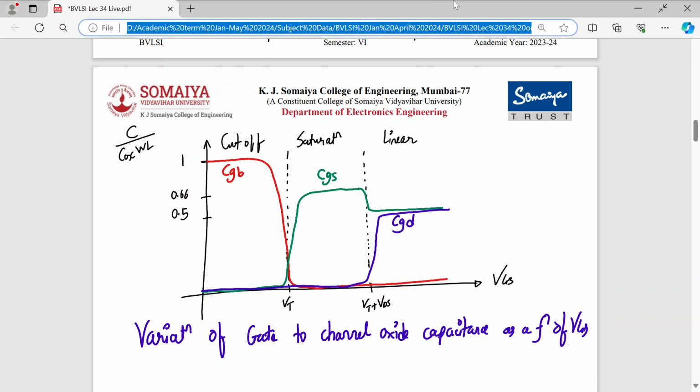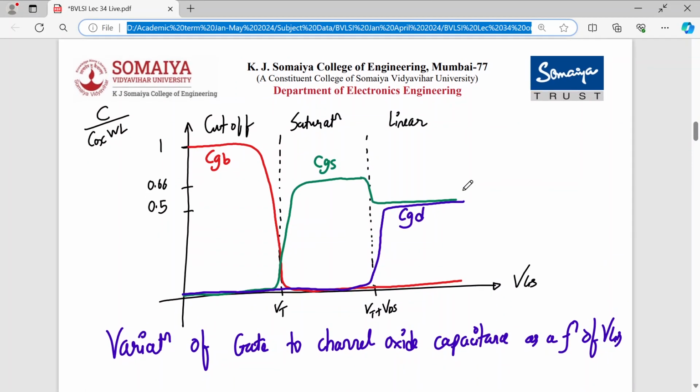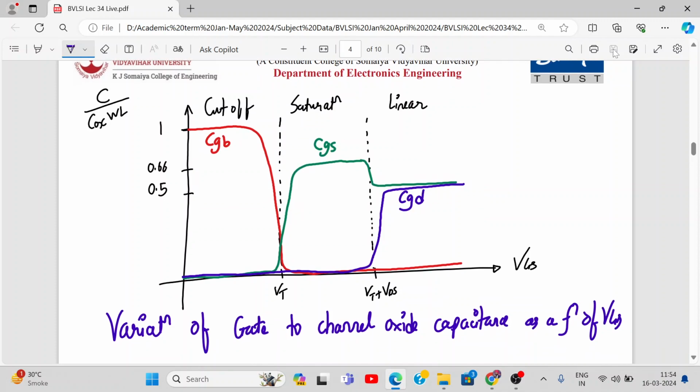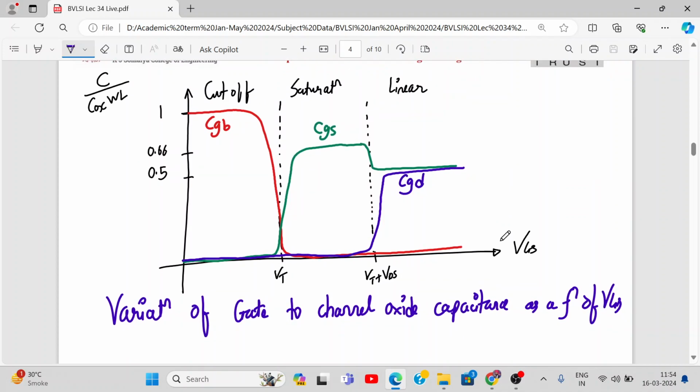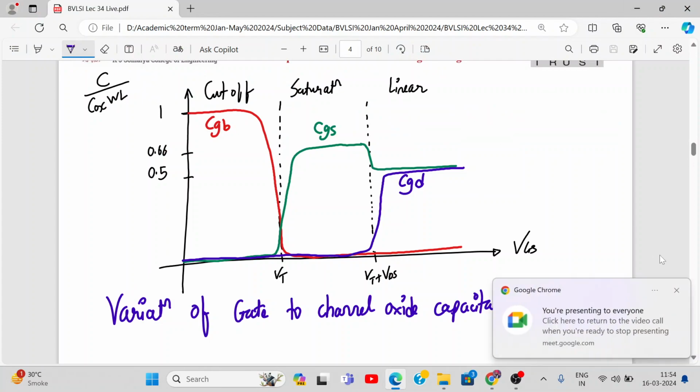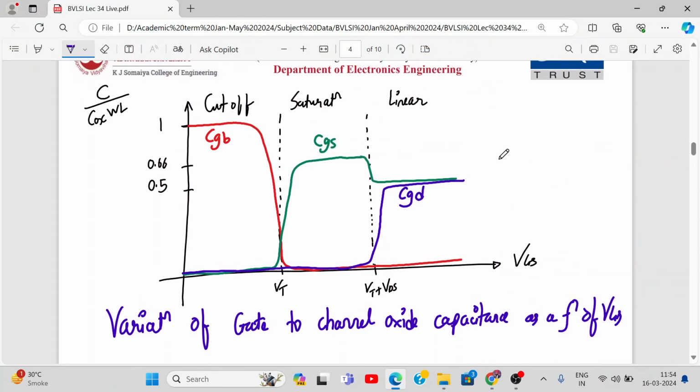This will tell you which parasitic capacitances are having an effect in the cutoff, linear and saturation modes of operation. Is this clear to you? Any doubts so far? So the y-axis is C upon Cox into W into L, and we have drawn the 3 capacitances present over here.